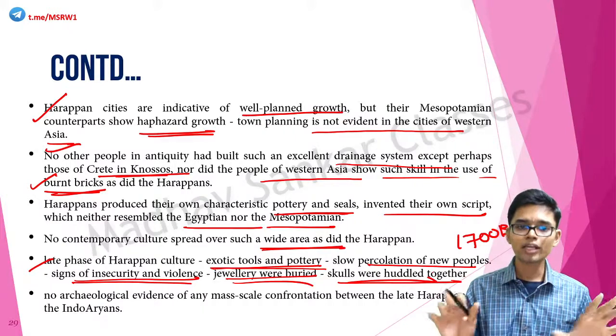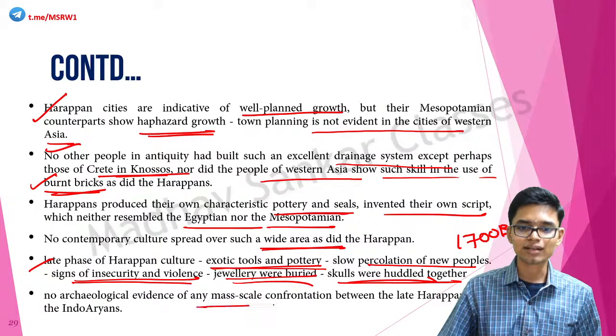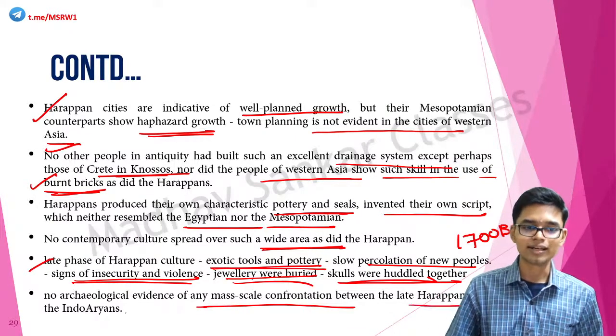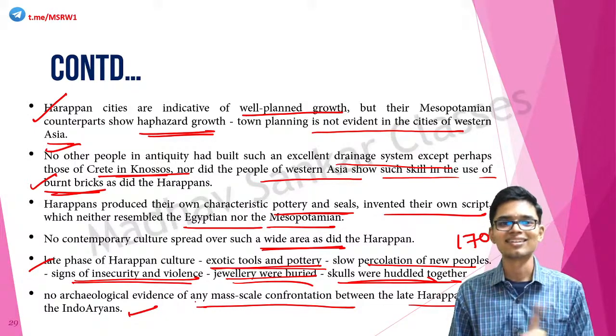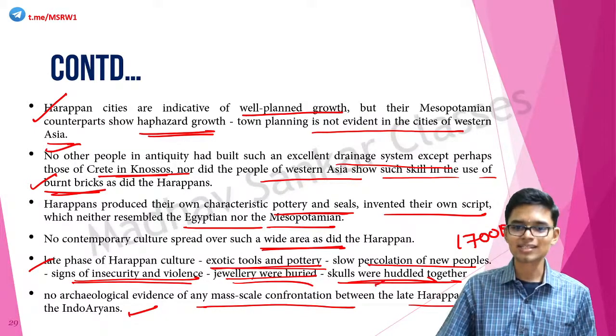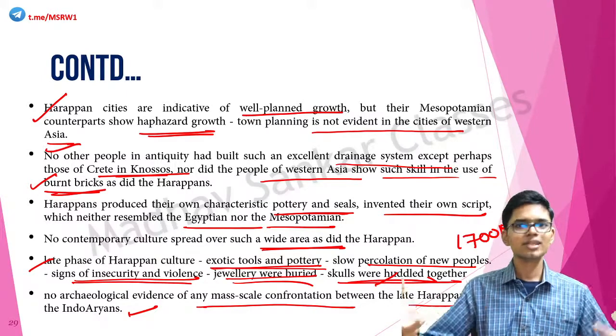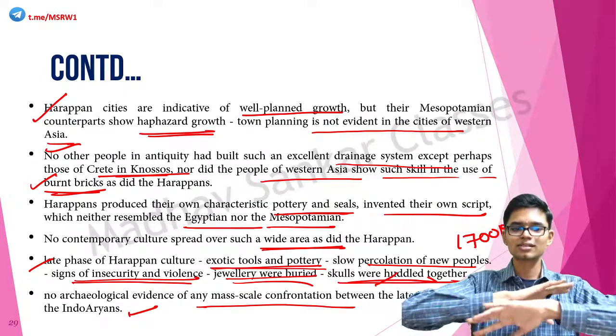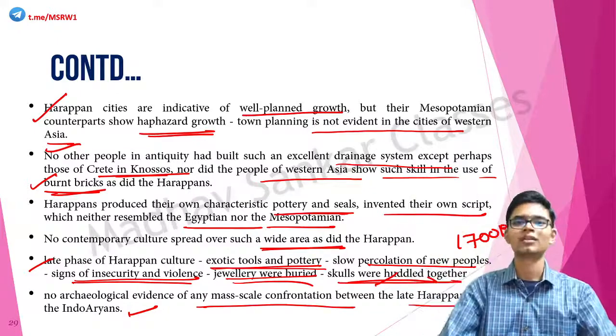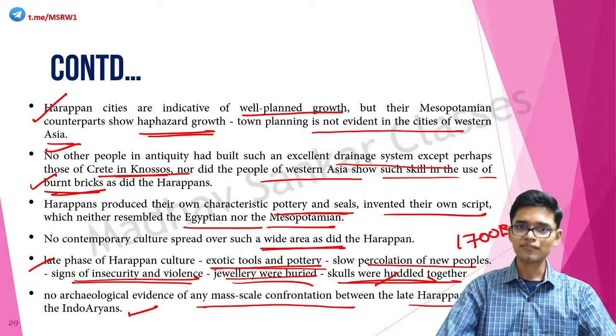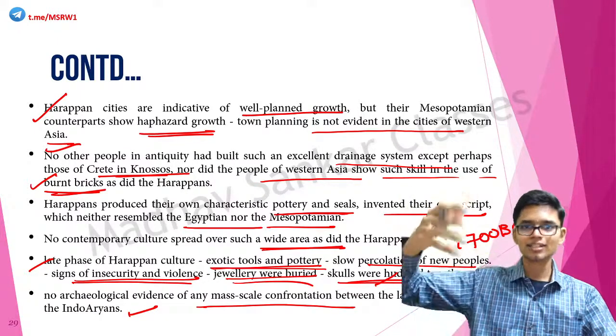But there is no archaeological evidence of any mass-scale confrontation between late Harappans and Indo-Aryans. This is another issue. We find these skulls huddled together in one place, but there is no other evidence that proves a mass-scale confrontation. It is a very huge site, larger than Egyptian or Mesopotamian.